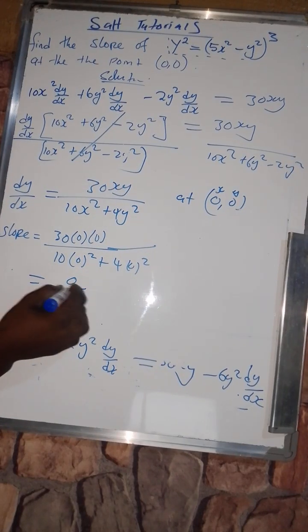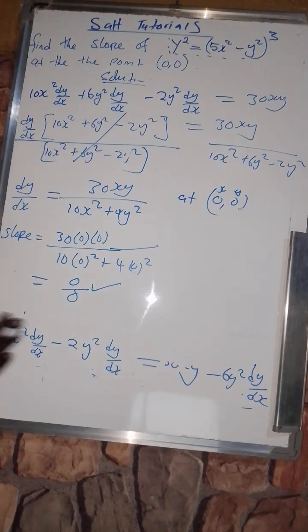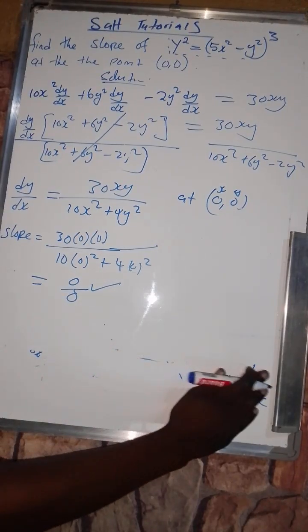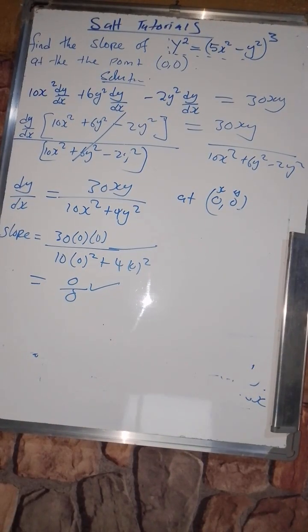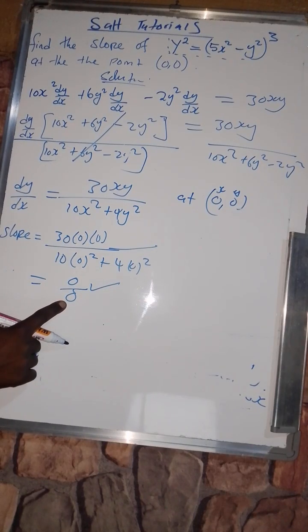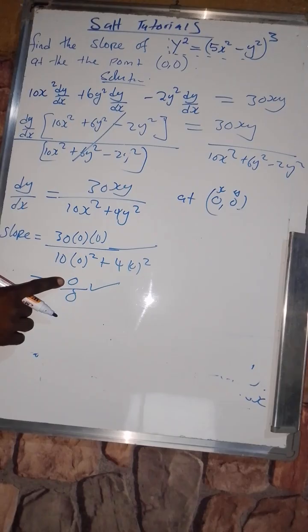What can I conclude in this? This is something which is indeterminate. We cannot state exactly the solution. Because of the 0 in the denominator, we can conclude that this is undefined, or because of the 0 in the numerator, we can conclude that the answer is 0.